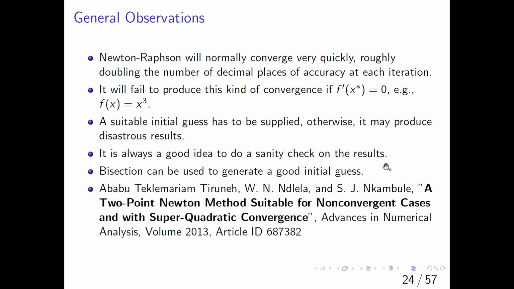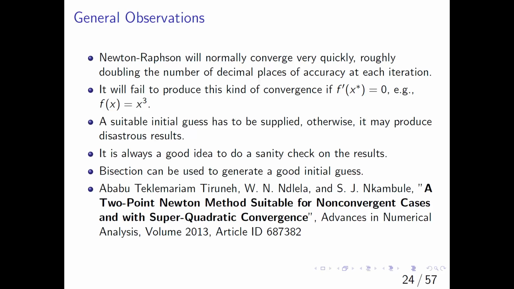Given these two observations, it's always a good idea to do a sanity check on the results. Let's say you use Newton method to solve a nonlinear equation. Once you get an approximation for the true solution, it's always a good idea to put the approximation into the original nonlinear function to check whether you really get results close to 0. Because sometimes you may end up with oscillated results, but you didn't know.